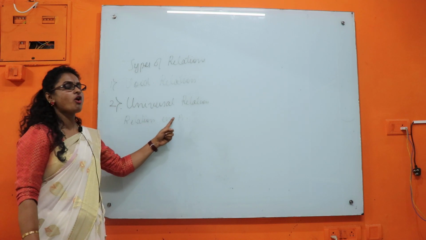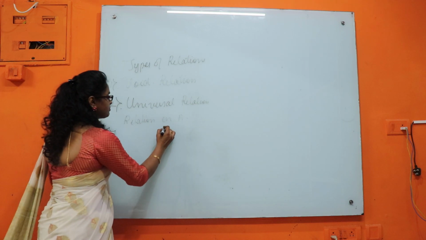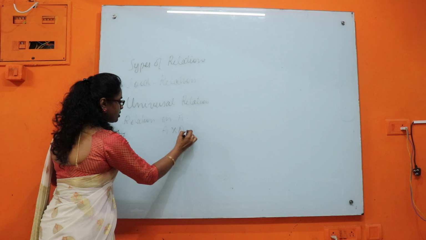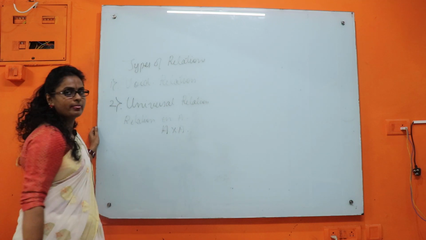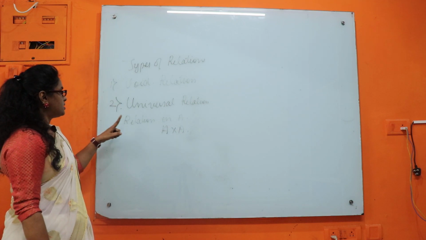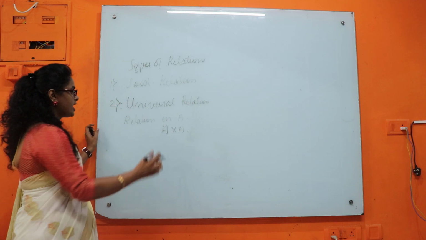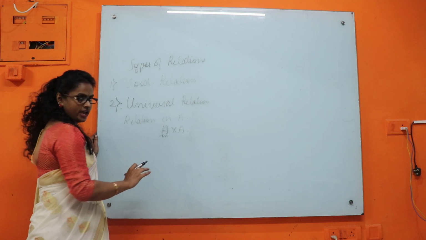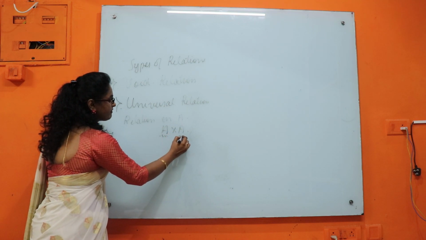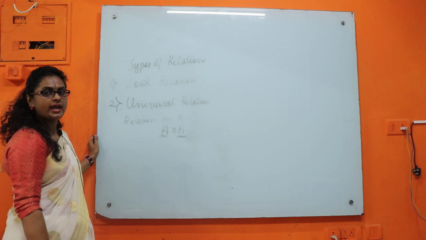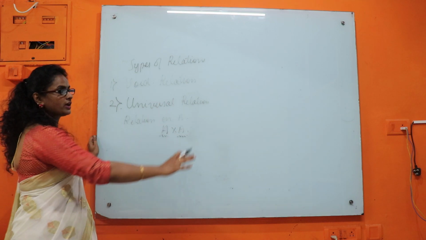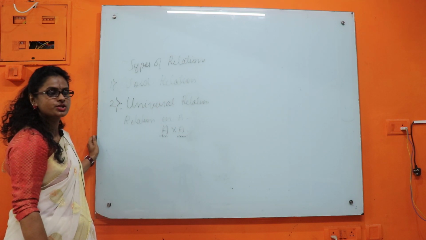Relation on A means A cross A, a relation on itself. A relation R is said to be universal if each element of A is related to every element of the set A, then we call this relation a universal relation.